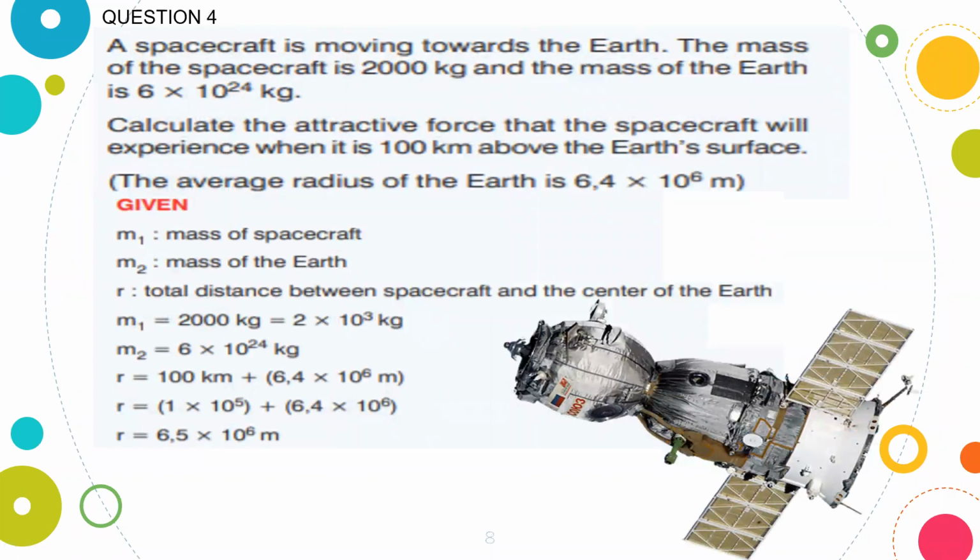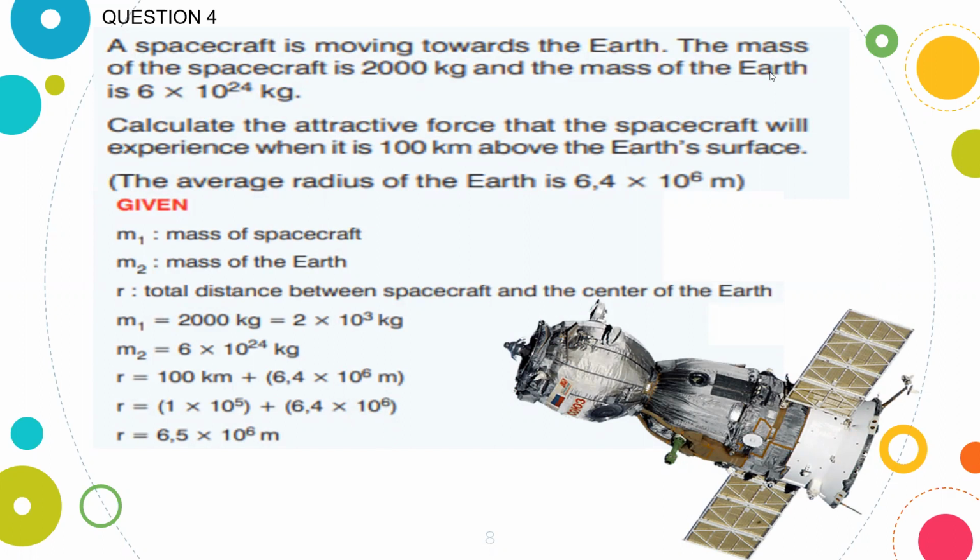Okay. This is a similar question, but now it directly asks for gravitational force. The givens are already here, but you don't need that for now for this question. You have an object moving around the Earth, and the mass of the object is 2,000 kg.